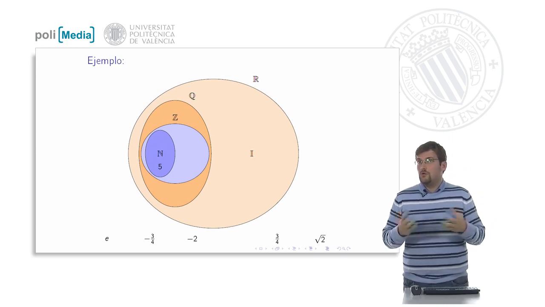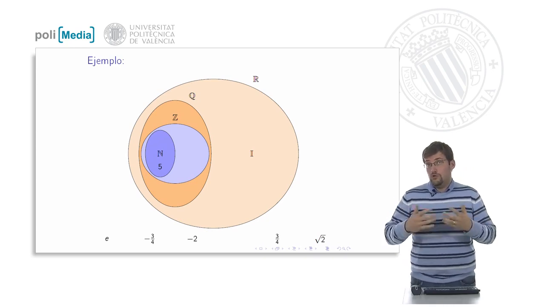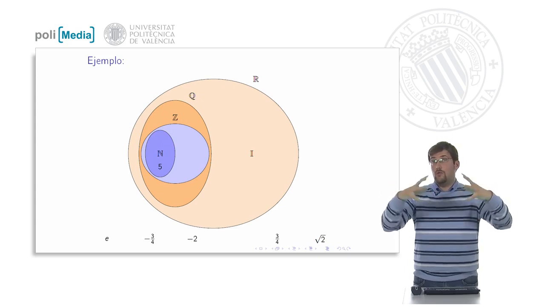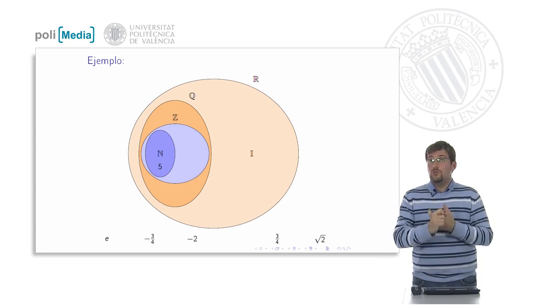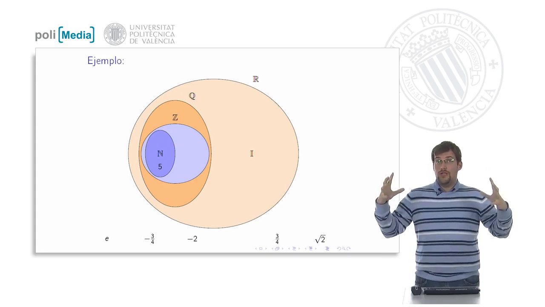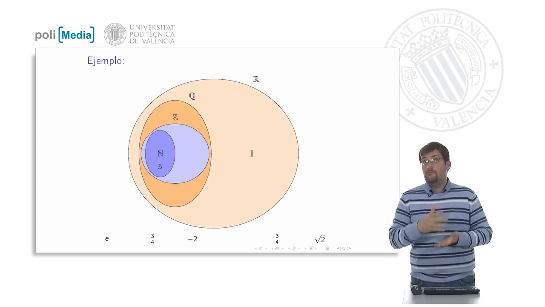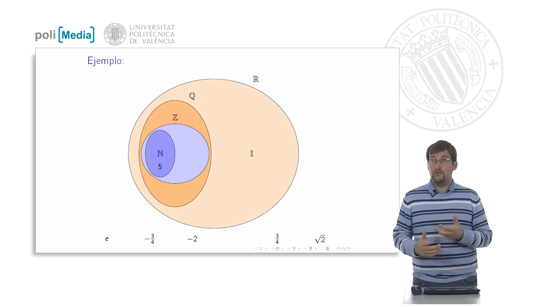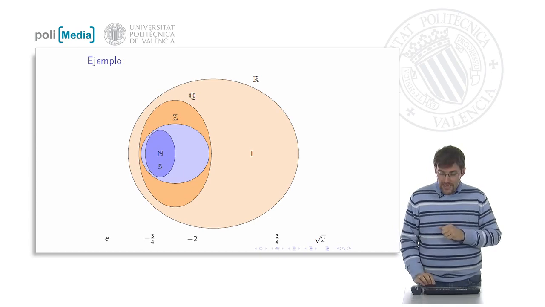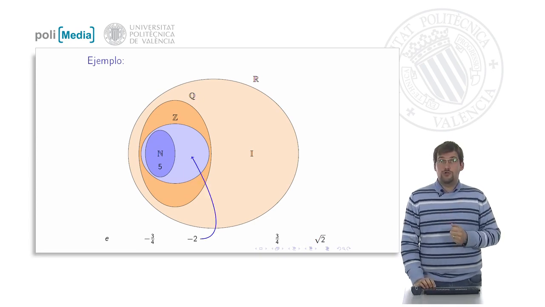Does that mean that 5 is a natural number and that's it? No, it means that it is a natural number and everything that contains it. It is a natural number, it is an integer, it is a rational number, and it is a real number. Everything that contains it. It is not an irrational number because it is not within the irrationals, and it is not a negative number because it is not within the negatives. Let's see what happens with the minus 2.